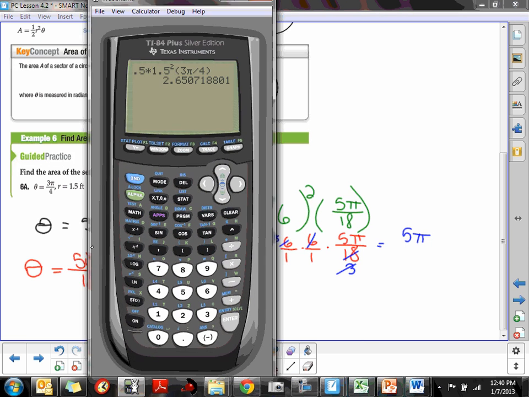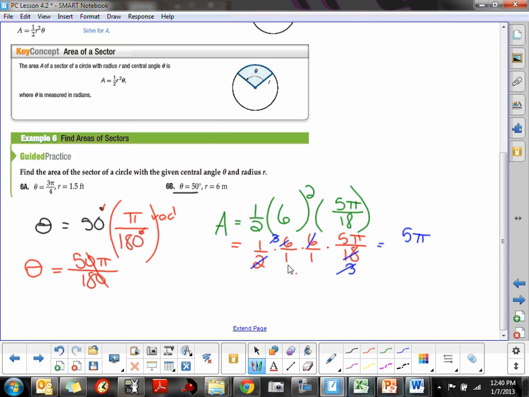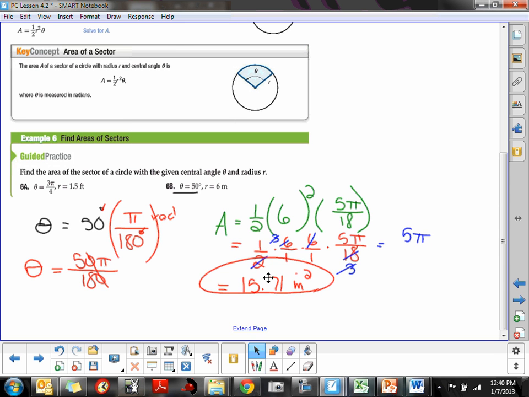You wouldn't necessarily have to do that, but it makes the calculation a lot easier. 5 times pi, enter. It should be about 15.7 square meters. So area of sectors was the final portion of our lesson today.